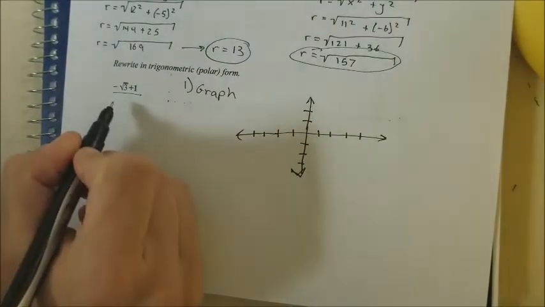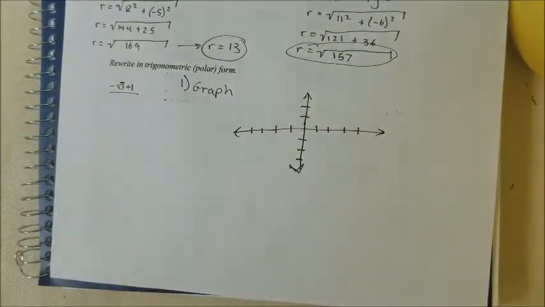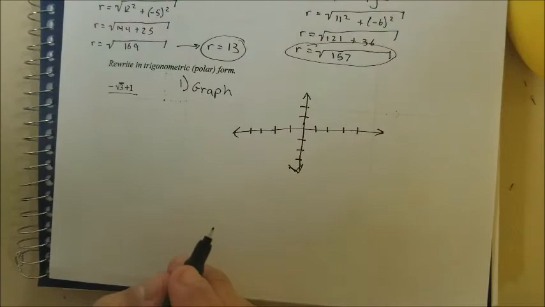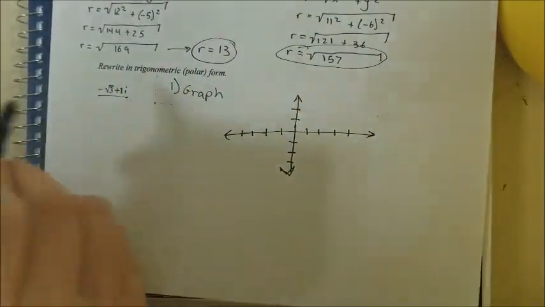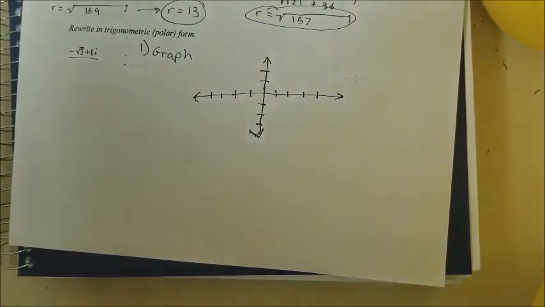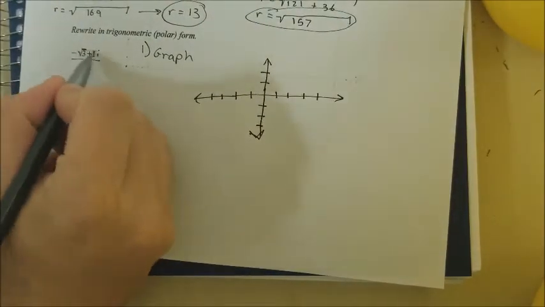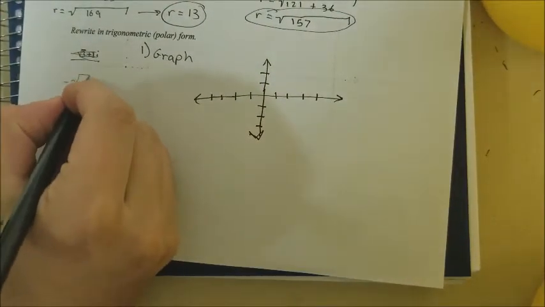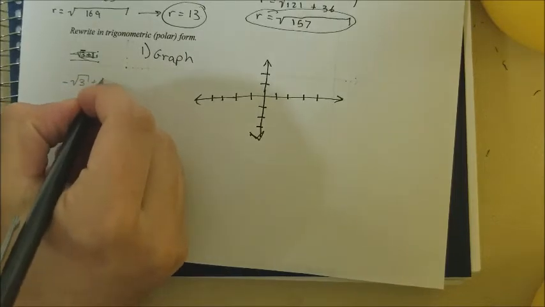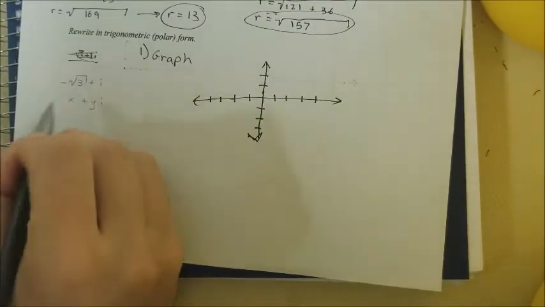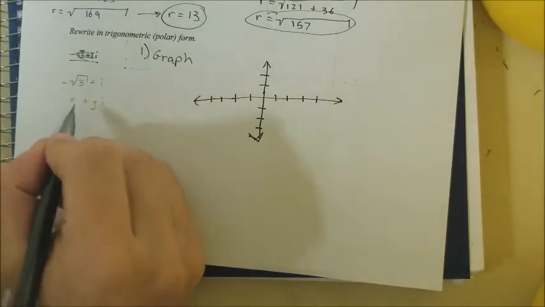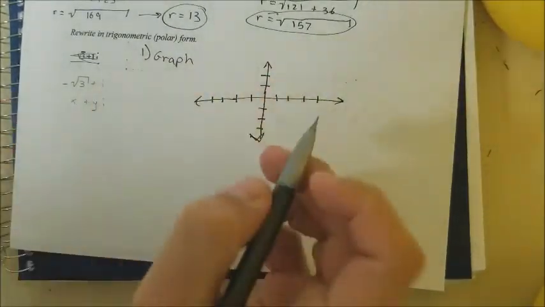Alright, so we have the negative square root of 3 plus 1. Oh, it's supposed to be 1i. Okay, we'll just rewrite it as negative square root of 3 plus i. So again, x plus yi. So if negative square root of 3 is x, it's going to be to the left.